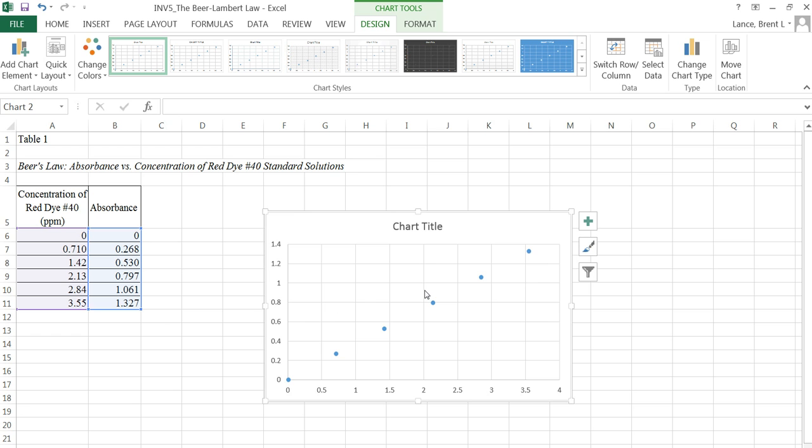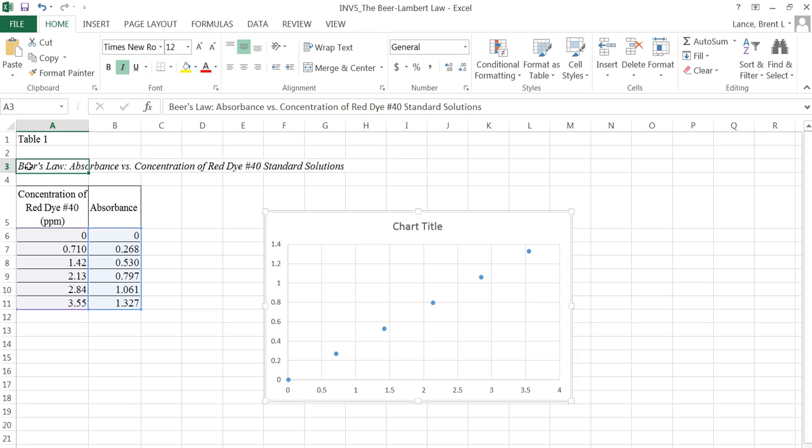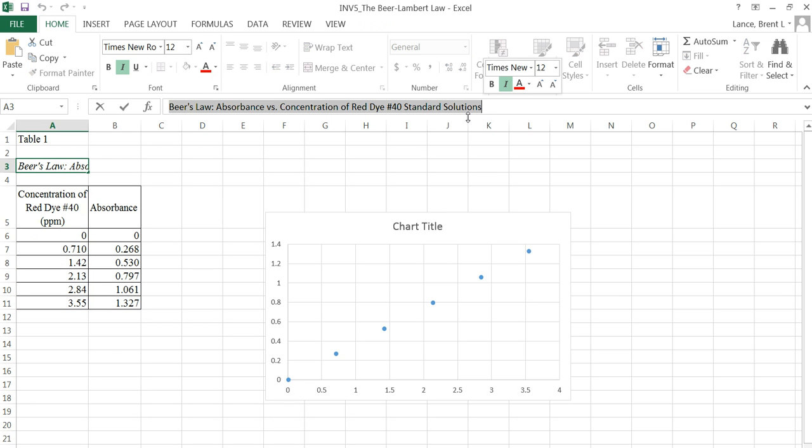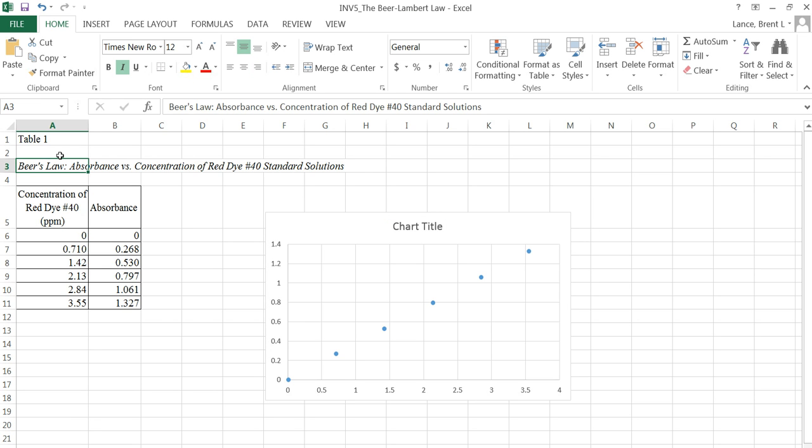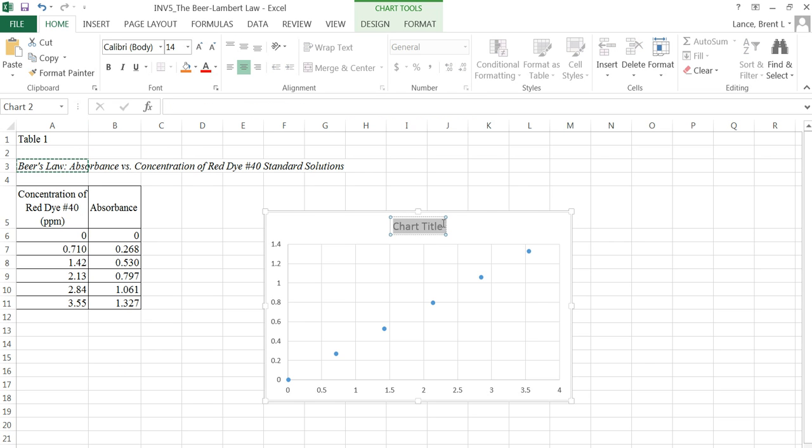So just to label your graph, you need to do that. A couple things. One, I might just call this title right here my chart title, and if I take that and copy it, I should be able to paste it.